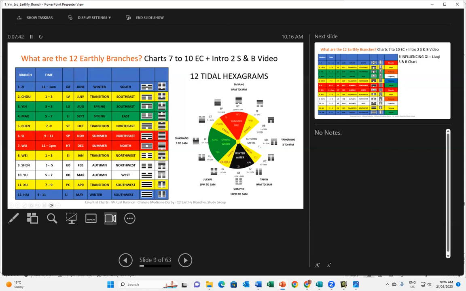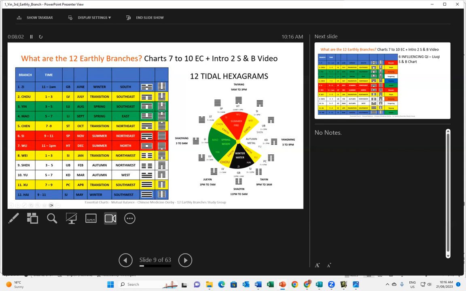As it moves into the liver branch of Chou, we see 2 yang lines emerging. This is the impulse of nature for the seed to root downwards and to reach upwards. Most growth is not actually showing in the world at this time.